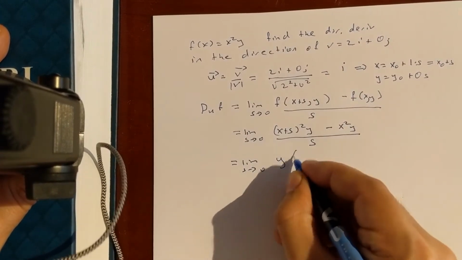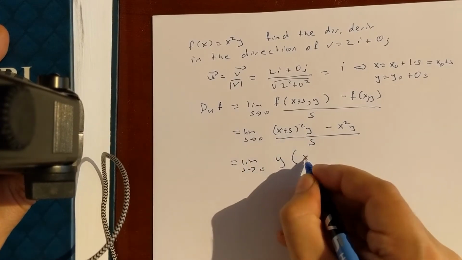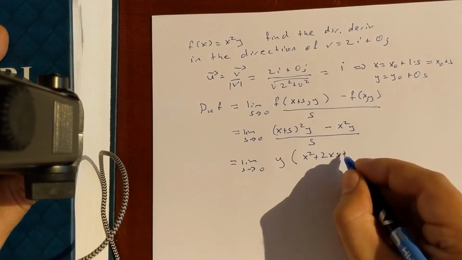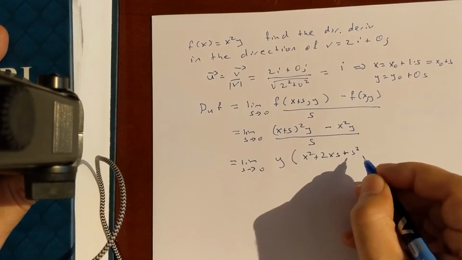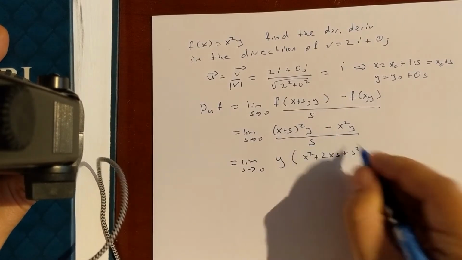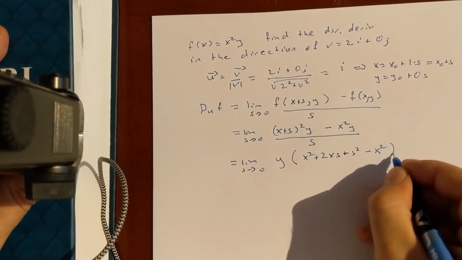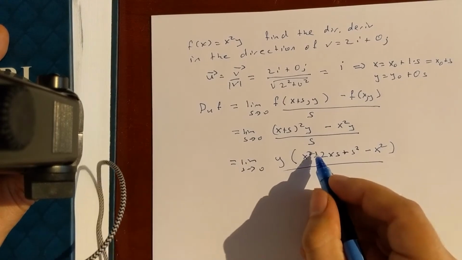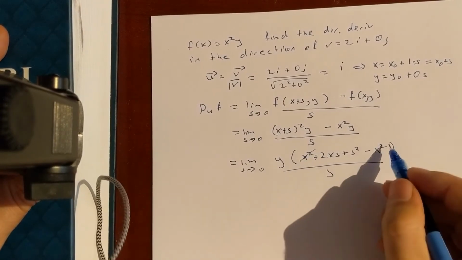So y times, open a big parentheses. Now I'm going to start opening this up. That's x squared plus 2xs plus s squared, minus, we factor out the y, we have an x squared here, all over s. Now the nice thing here is obviously the x squareds are going to cancel.